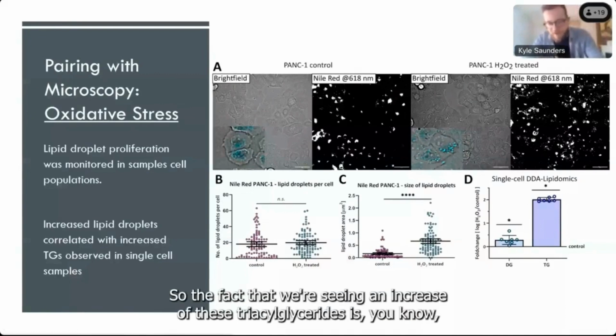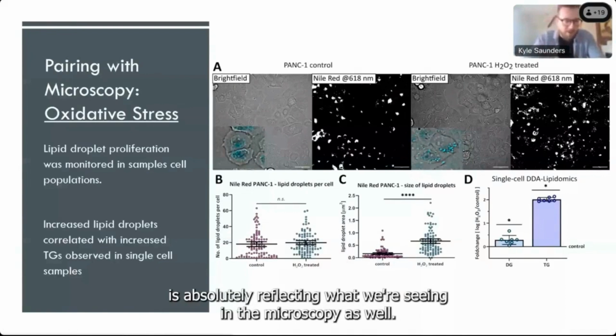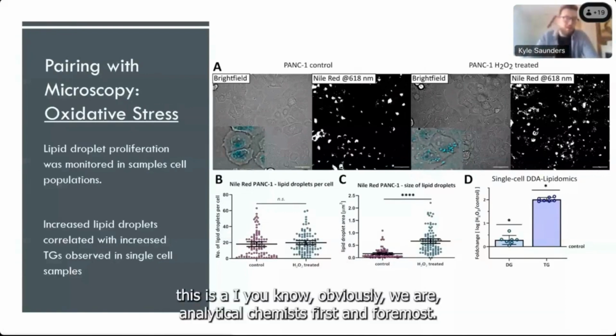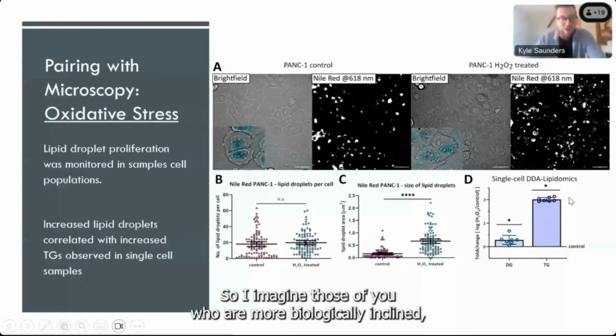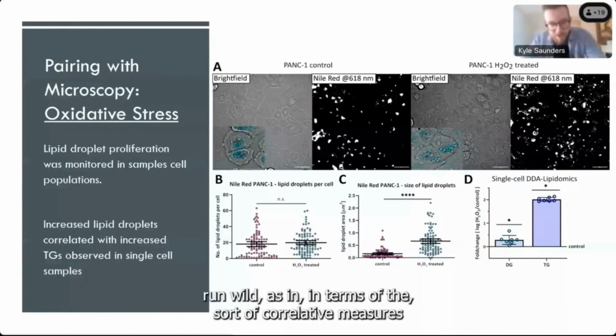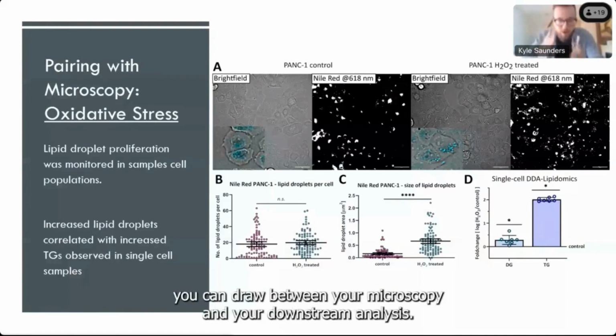So the increase in these triacylglycerides is absolutely reflecting what we're seeing in the microscopy as well. We are analytical chemists first and foremost, so I imagine those of you who are more biologically inclined will let your imaginations run wild in terms of the correlative measures you can draw between your microscopy and your downstream analysis.